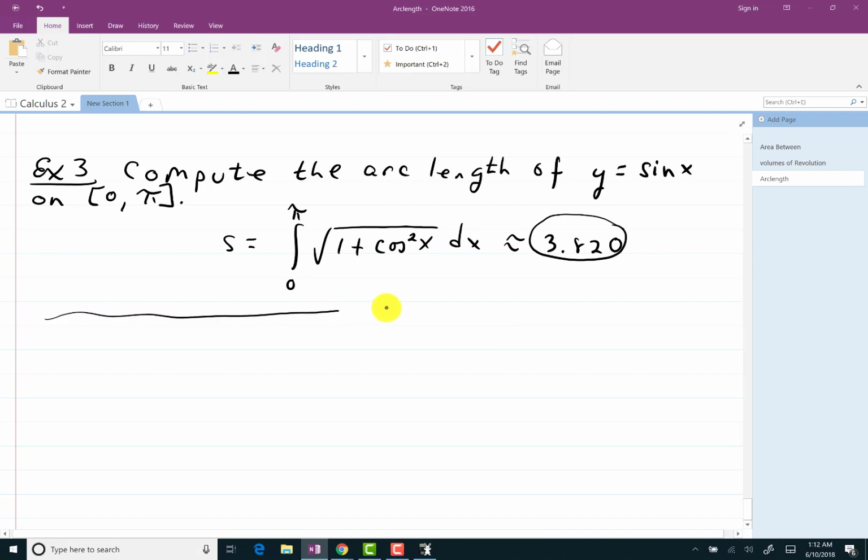All right, for example 4, I personally won't do much in the way with this, but it's good to know how to work with it.